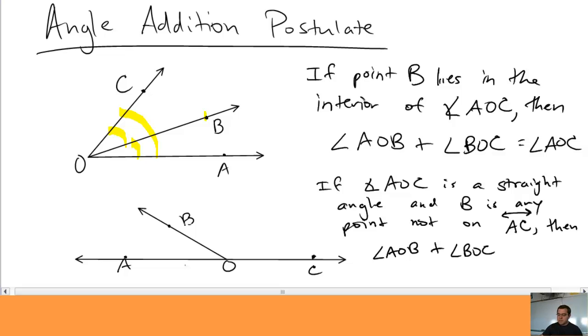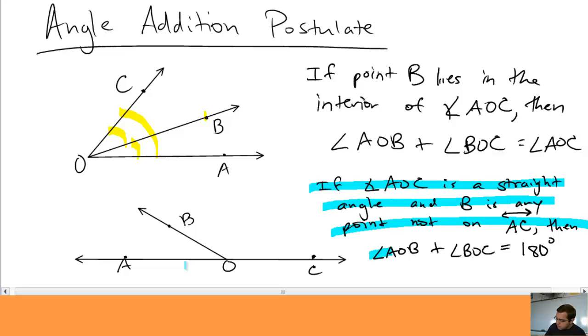Well, our first statement says that's the whole angle, angle AOC, but we know the measure of angle AOC, because it's a straight angle, it's 180 degrees. So this statement that I just wrote, that I'll now highlight in blue, follows directly from the first statement above it. Just using the fact that angle AOC is a straight angle, so we know its measure is 180 degrees. We can fill in that number in our equation. That's the only thing that's different between this equation and this one.